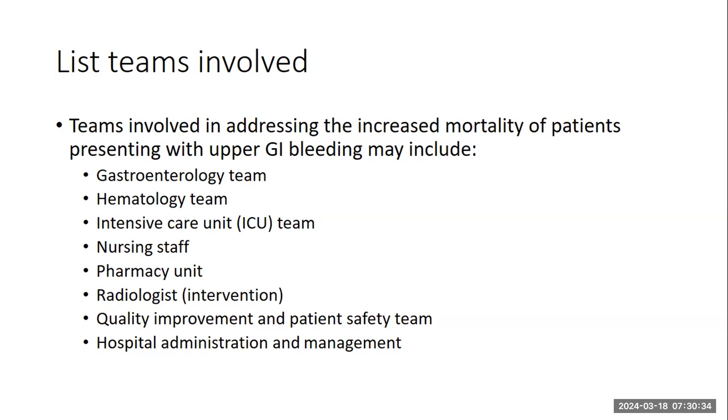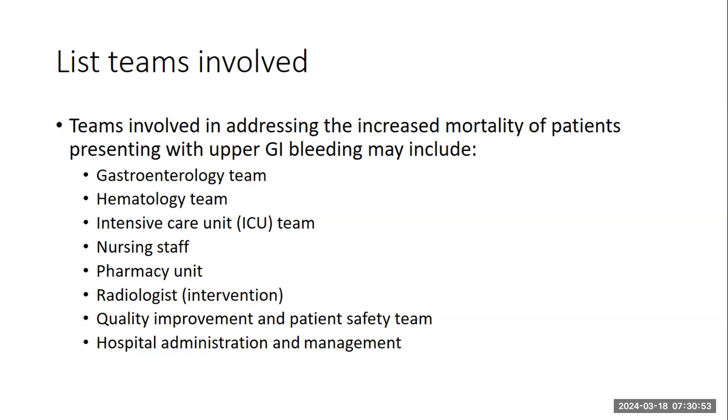Once a patient comes with upper GI bleeding, these are the steps we should follow. When you are making improvements, there must be somebody nominated in this group to oversee that all these steps are being carried out.